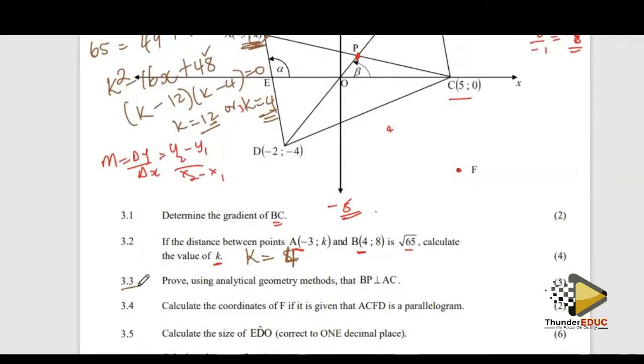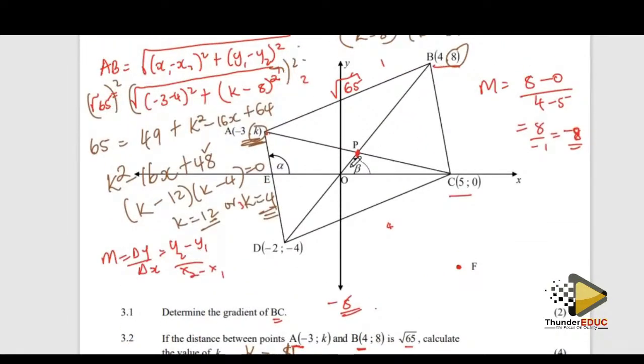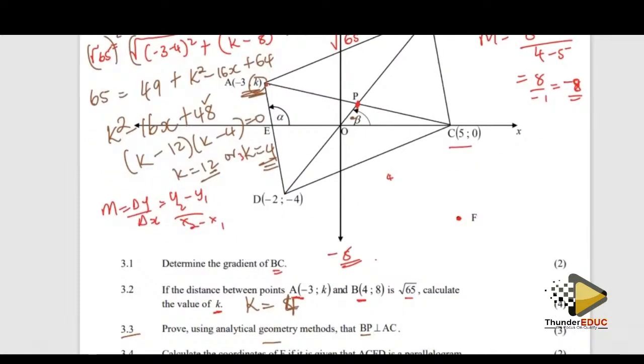Then 3.3. Can we prove using analytical geometry methods that BP, where is BP now? Okay, that BP is perpendicular to AC. We prove that BP is perpendicular to AC.